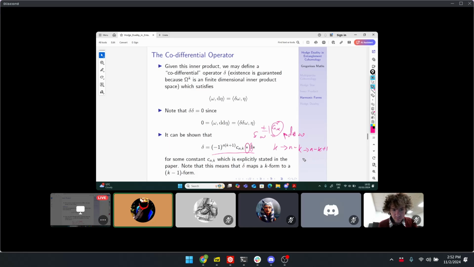Then we do the Hodge Star again, which takes us to a k minus 1 form, and then we multiply by some numbers. So delta is taking us from the k forms to the k minus 1 forms. That's how it's acting. And again, this relation here is going to be very important in the future.